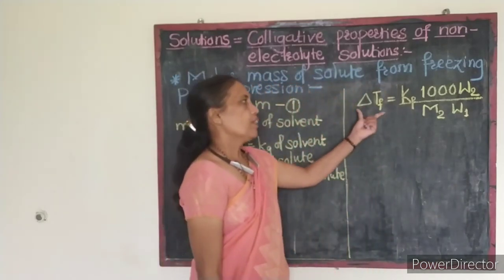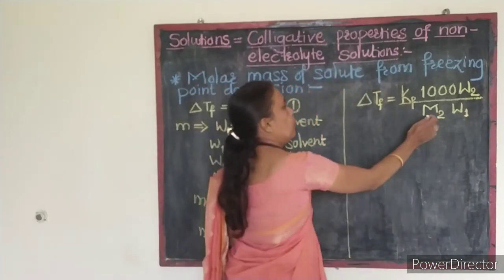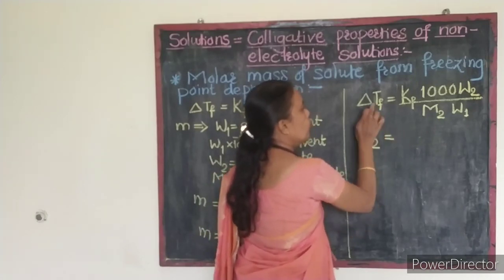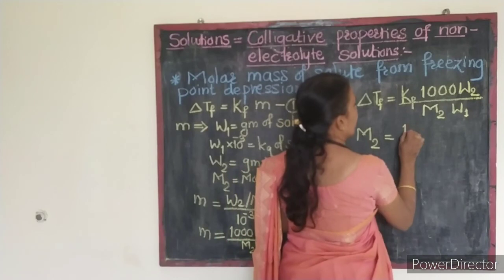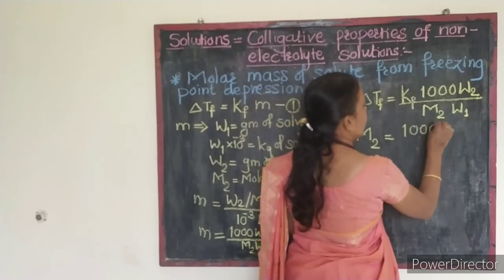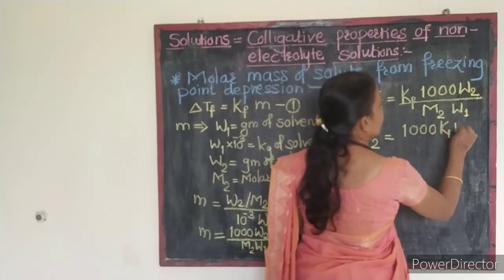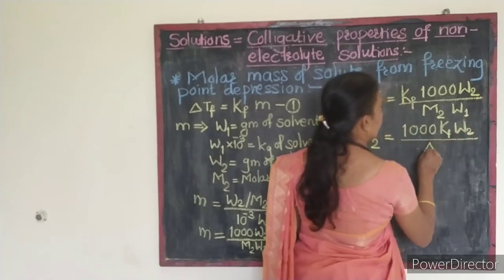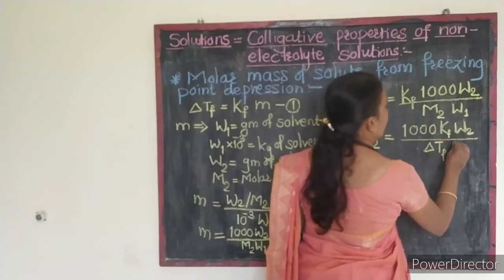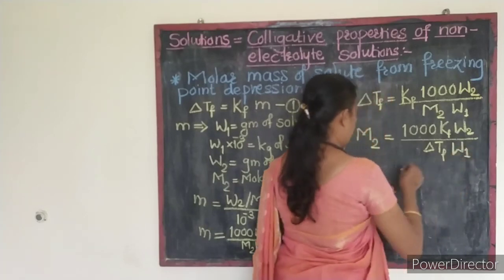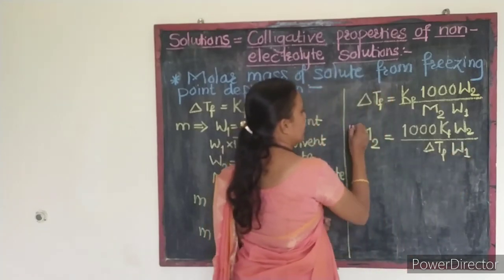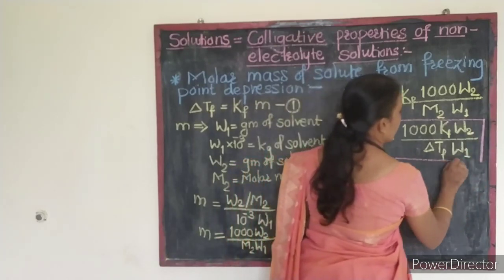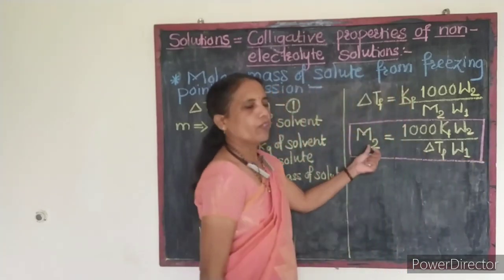And from this relation, you can calculate value of molar mass of solute. M2 is equal to, 1000 सुरुवातीला घेऊया, KF W2 divided by delta TF W1. And from this relation, we can calculate value of molar mass of solute.